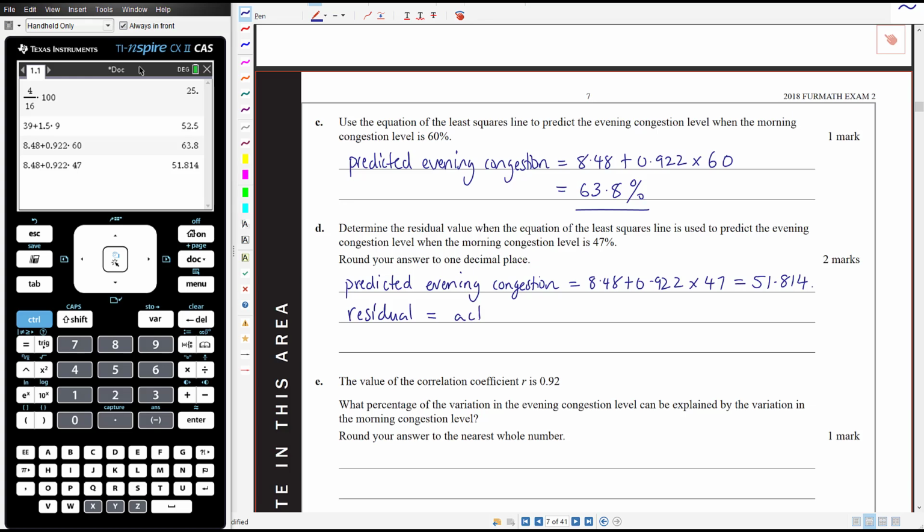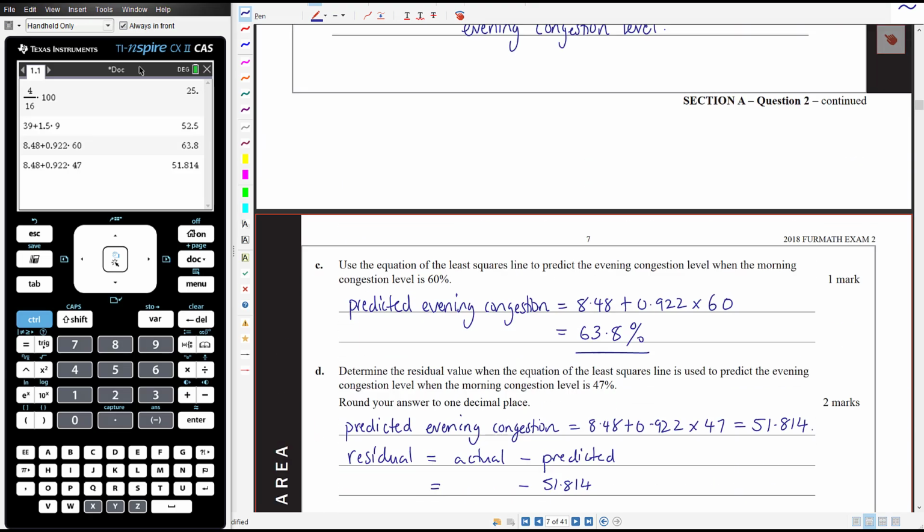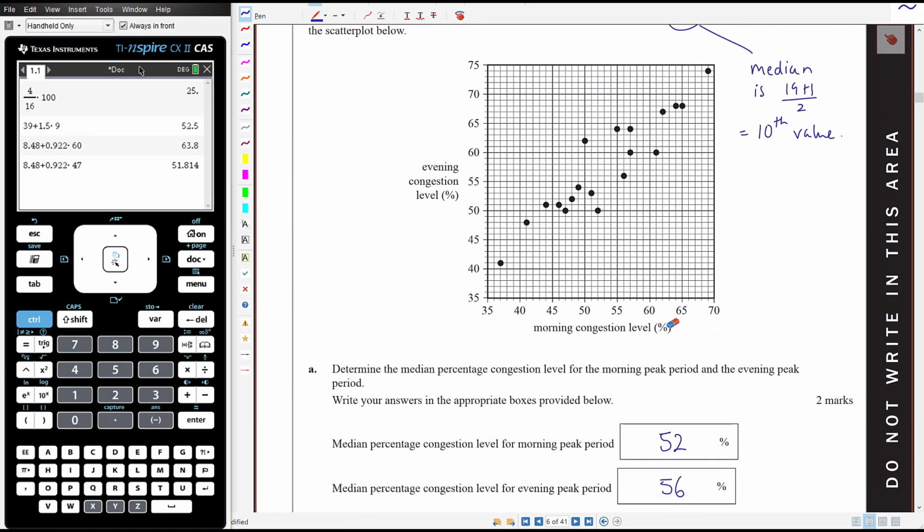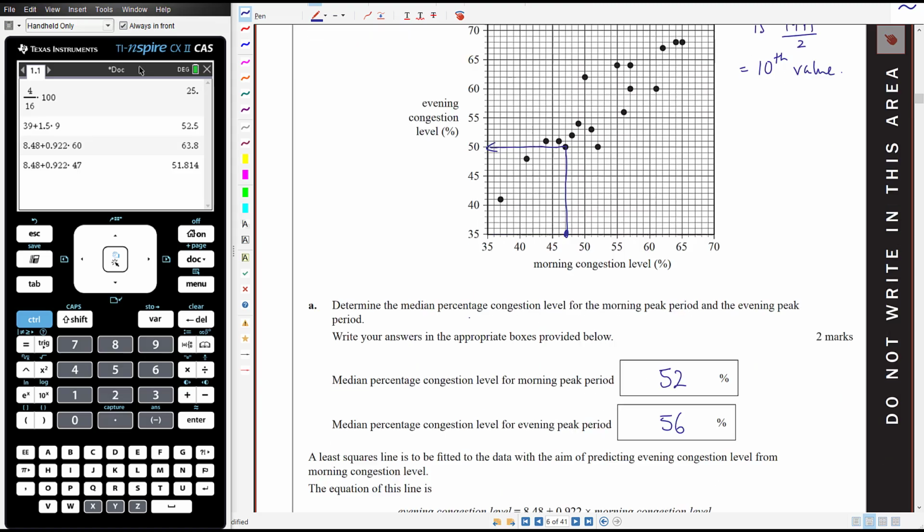And so the residual is going to be the actual minus the predicted. We've worked out the predicted is 51.814. Now we want the actual evening congestion when the morning is 47%, so we need to go up to our plot. When the morning congestion is 47%, which is here, the actual evening congestion is 50%.